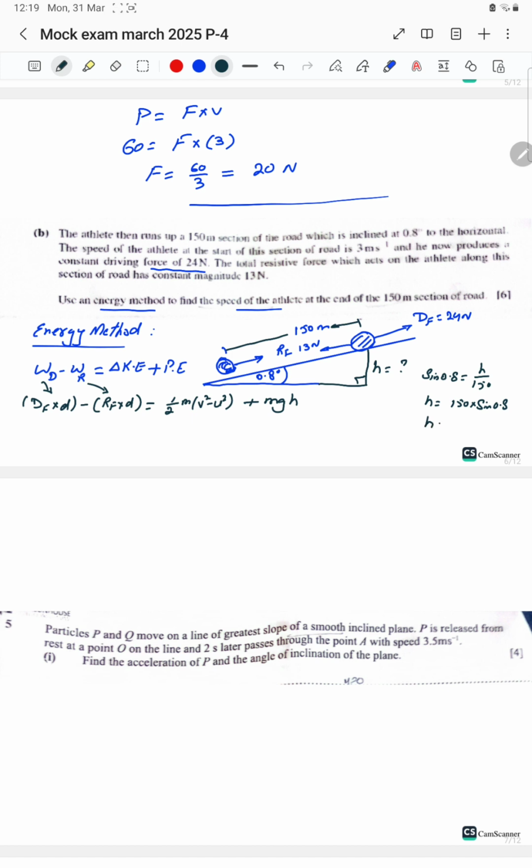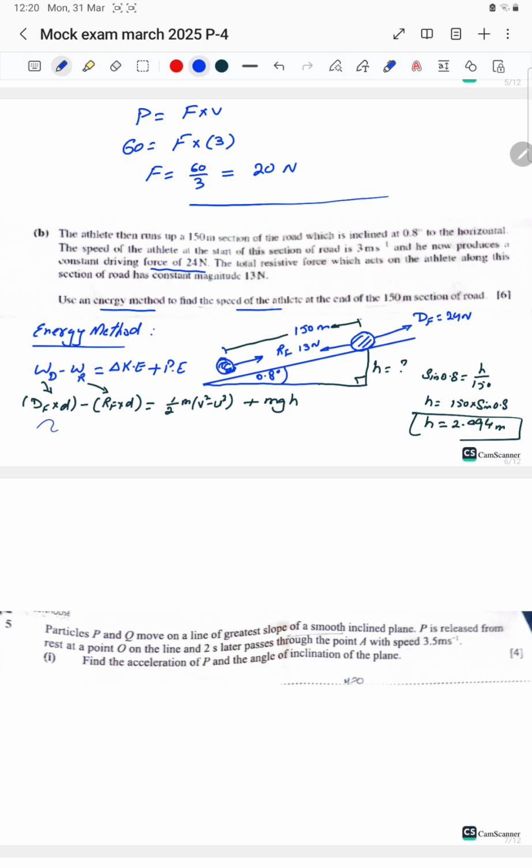With the help of a calculator we can get the result, which comes to 2.094 meter. This is the height. So now just apply the values in the rule.